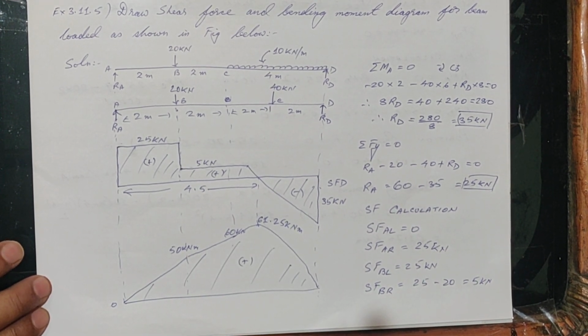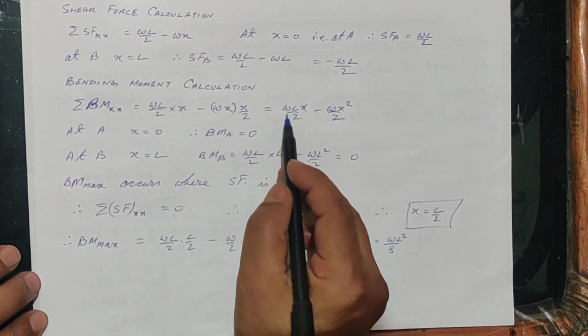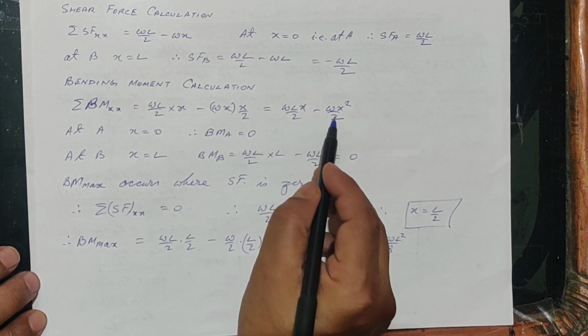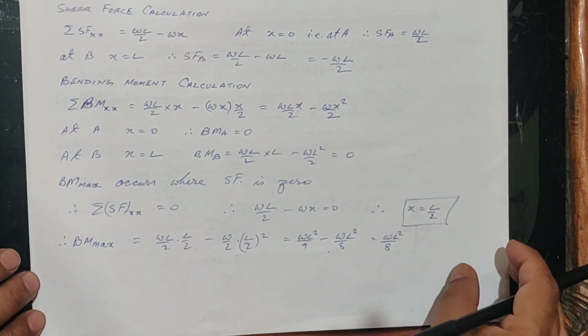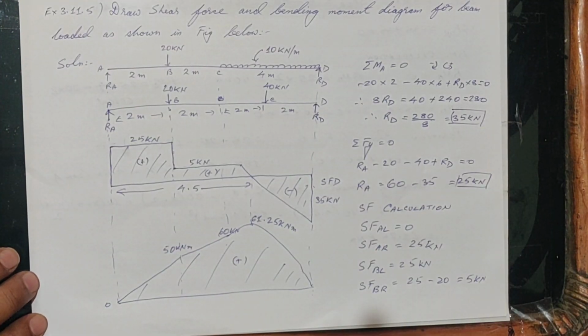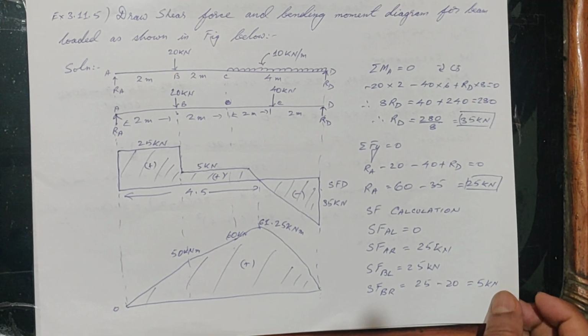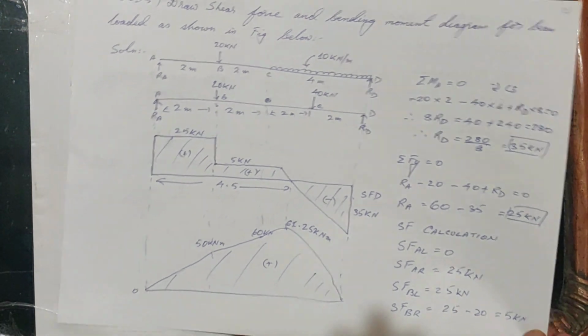In the last problem also we had seen, when calculating BM, that it is WL by 2 into x minus W by 2 x square. Because of this x square, we get this parabolic curve. So here also we are getting a parabolic curve. That is all for the UDL with simply supported beam. Next class, we will be discussing UDL with overhanging. Thank you so much.